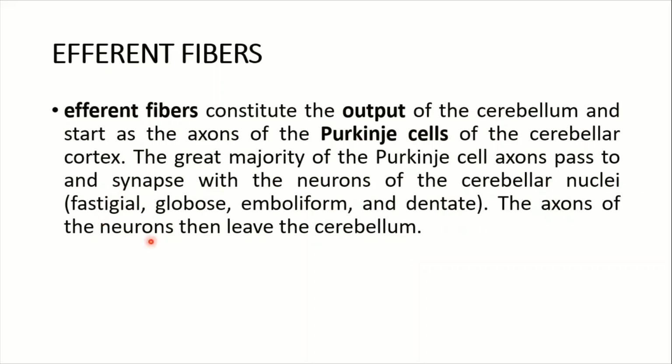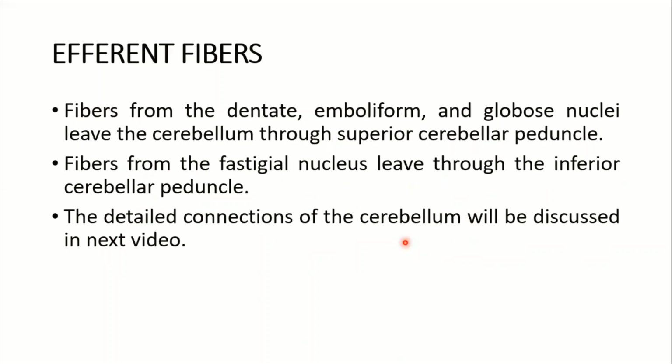The axons of these neurons then leave the cerebellum. Fibers from the dentate, emboliform, and globose nuclei leave through the superior cerebellar peduncle. Fibers from the vestigial nucleus leave through the inferior cerebellar peduncle. The detailed connections I will discuss in the next video.